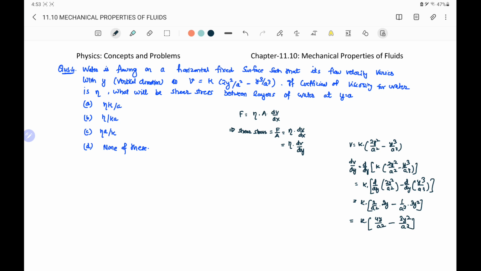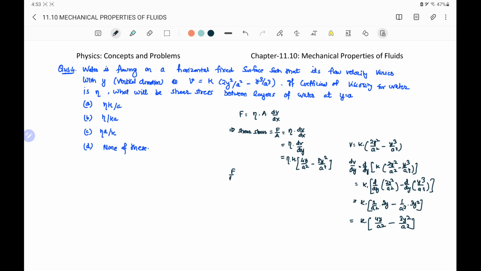So replacing the value of dv by dy, we will have eta into k (4y/a² − 3y²/a³). Now we have to find the shear stress between the layers of the water at y equal to a.